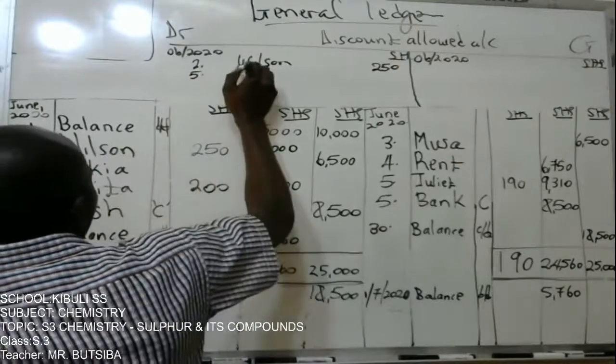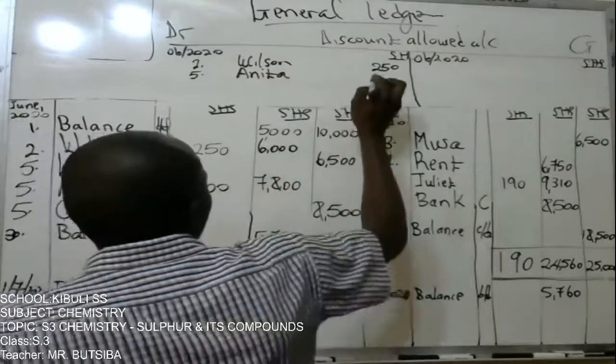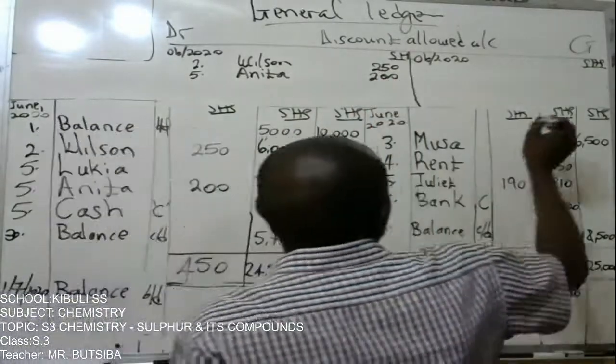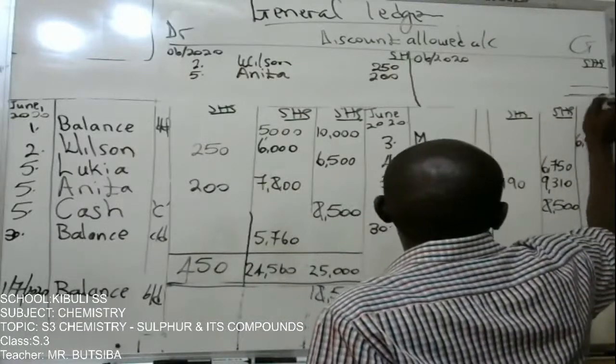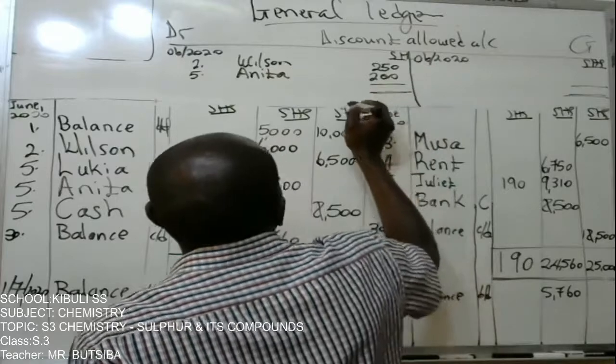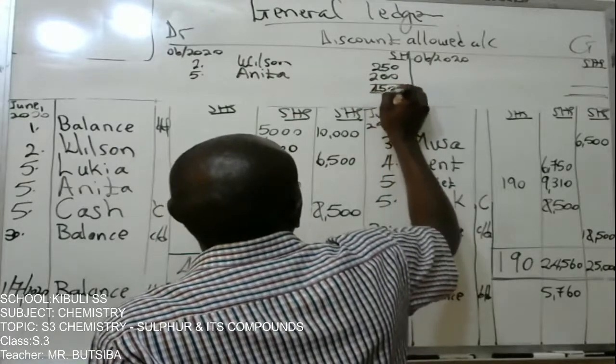You allow the discount to Anita 200 shillings. Then you can balance it off, the way we have been balancing the respective ledger accounts. So you simply get the total, which is 450.